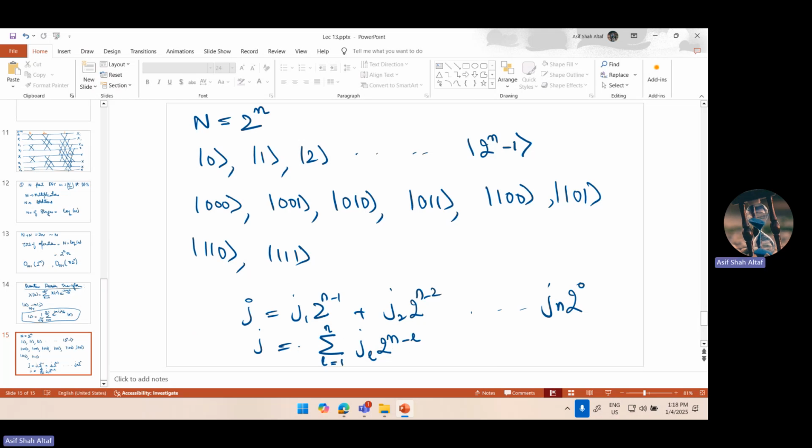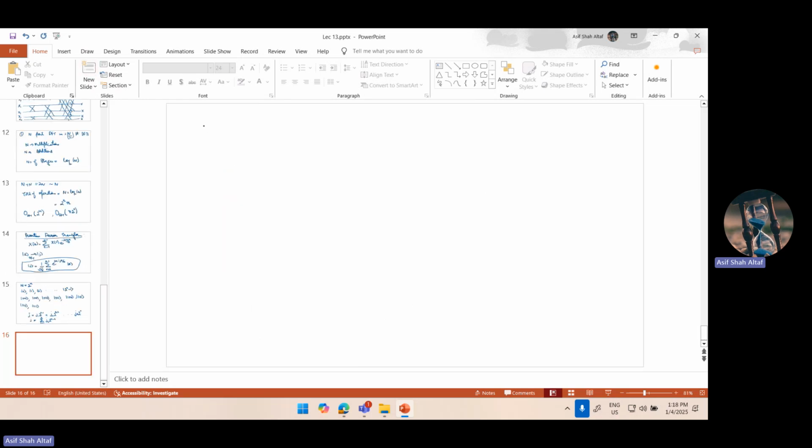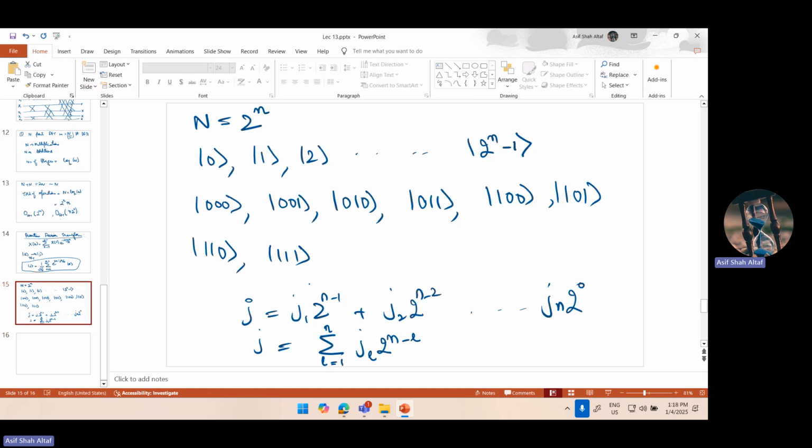So this is the binary conversion back to decimal. The notation that we will be using in general will be j1, j2, j3, and so on.